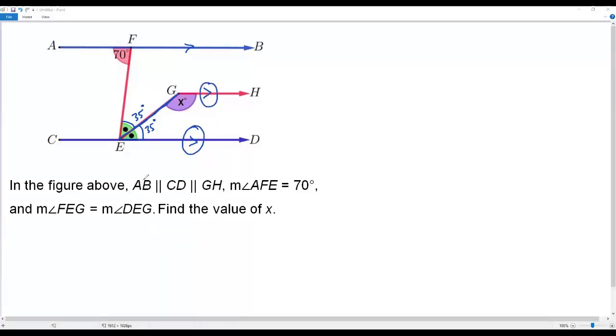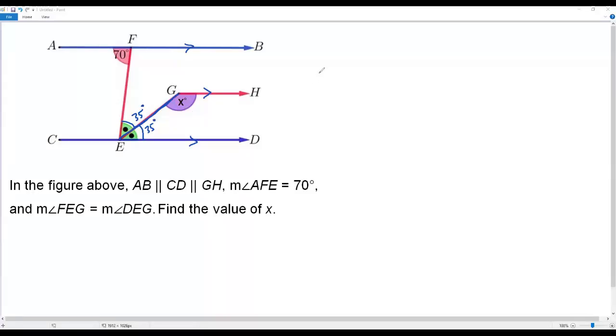Whenever two parallel lines are intersected by a third line, it's called a transversal, and the angle measure over here and the angle measure over here are called consecutive interior angles. Whenever two parallel lines are intersected by a transversal, the consecutive interior angles are supplementary. That means if I add the angle measures over here and here, they must add up to 180. Supplementary means that the two angle measures must add up to 180.